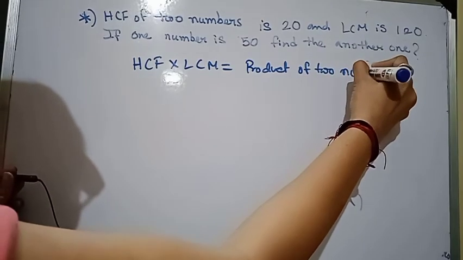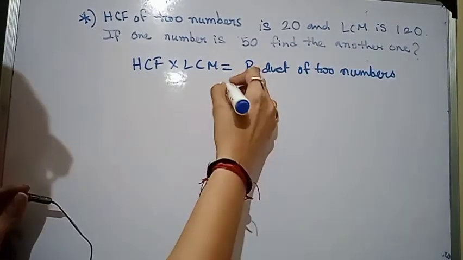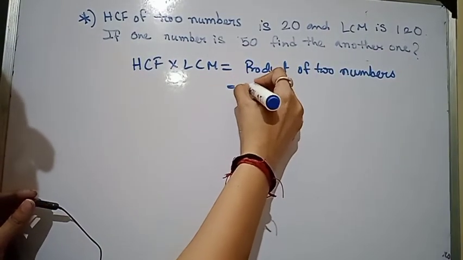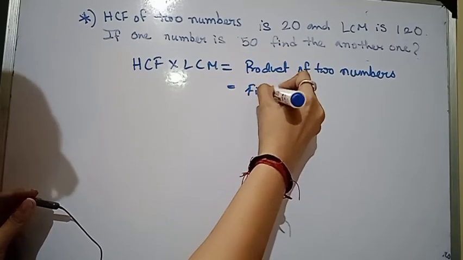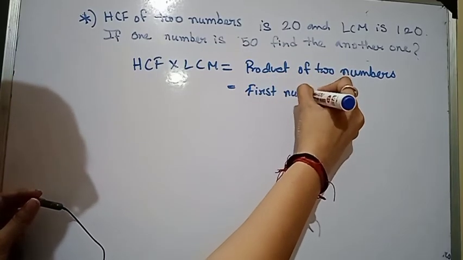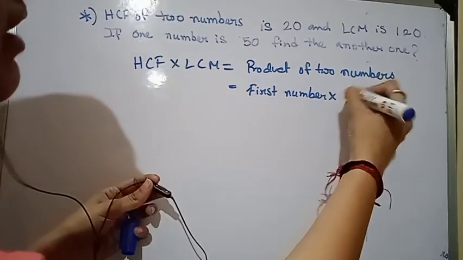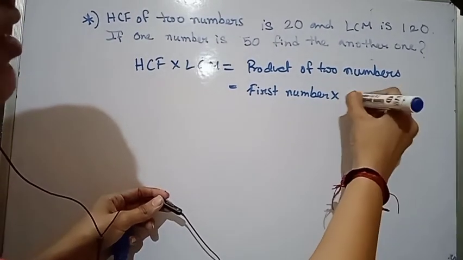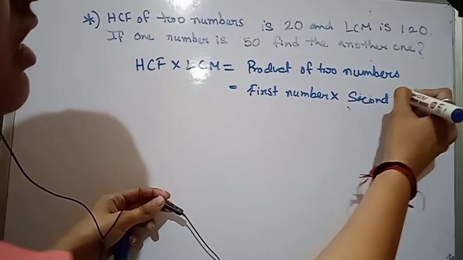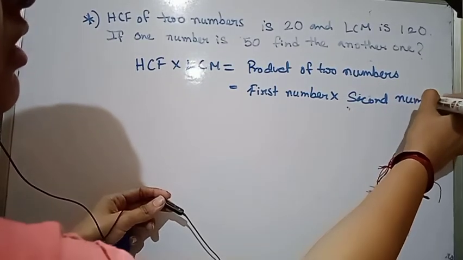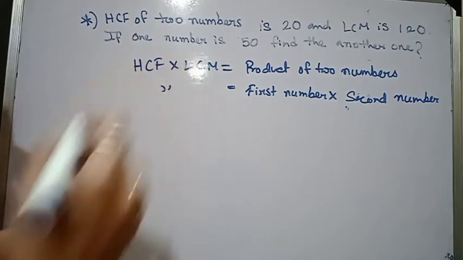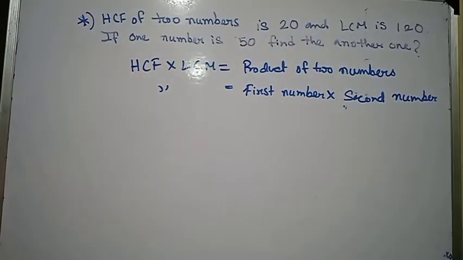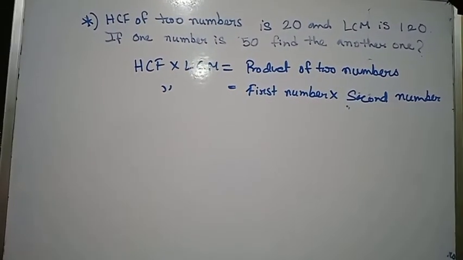Or this can be written as the first number into second number. So HCF into LCM is first number into second number. We can write this also.